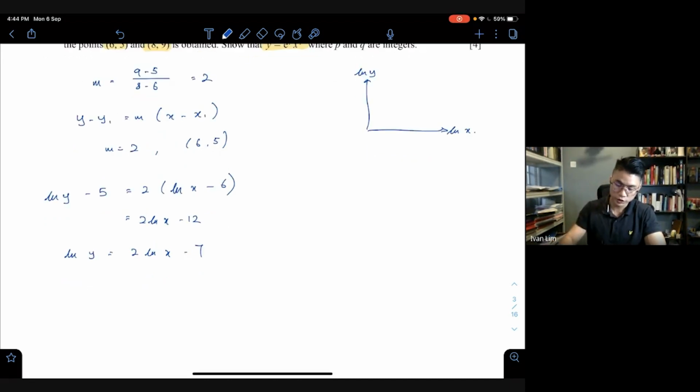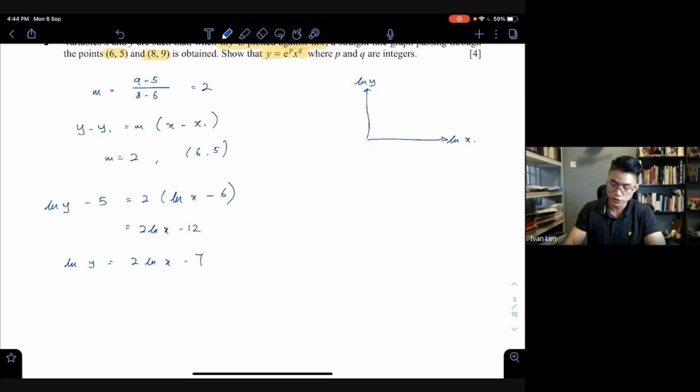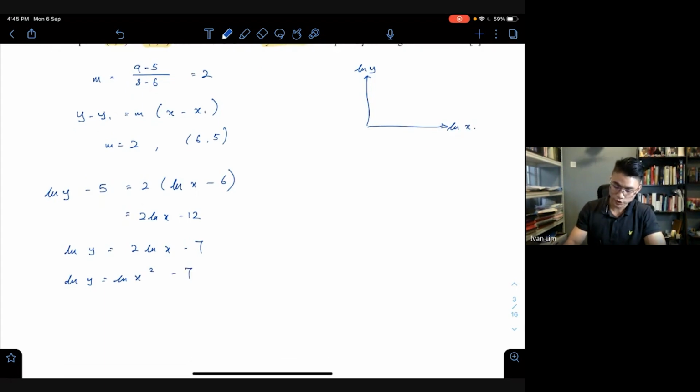Then they want you to write in that form, right? y equals e to the power of p, x to the power of q. So we need to try to simplify it. Ln y equals ln x squared minus 7. We inverse the whole thing. So ln inverse will be y equals e to the power of (ln x squared minus 7).